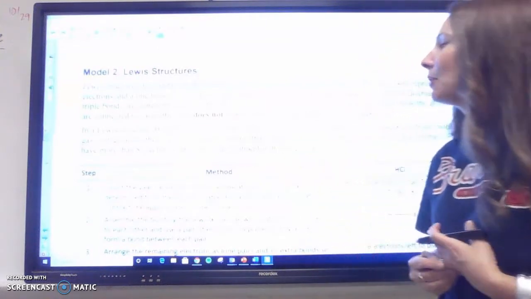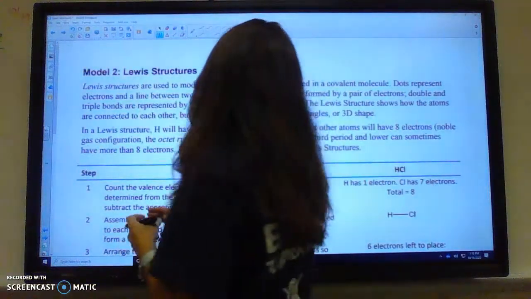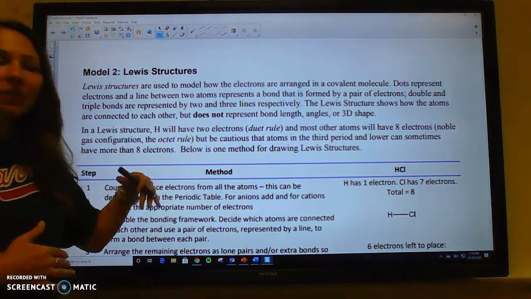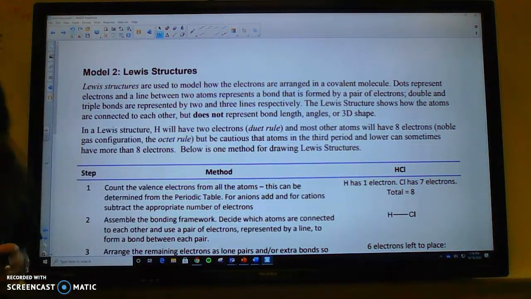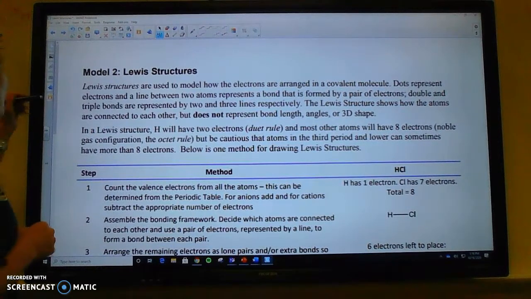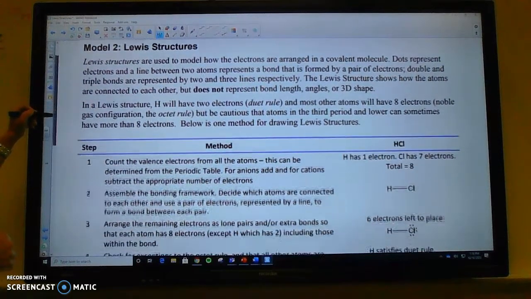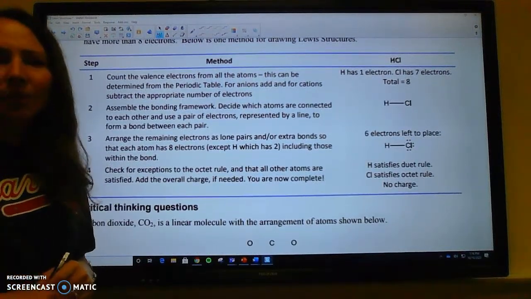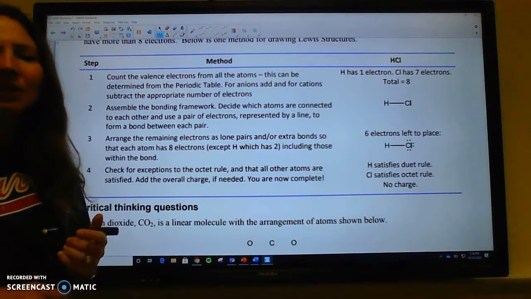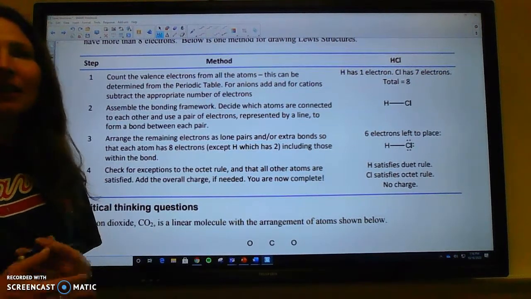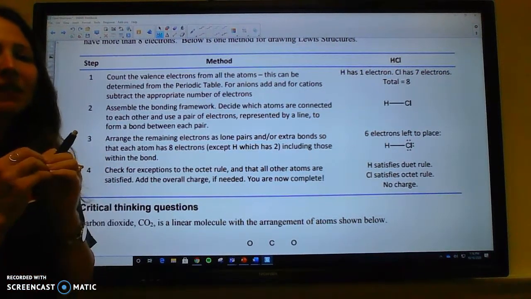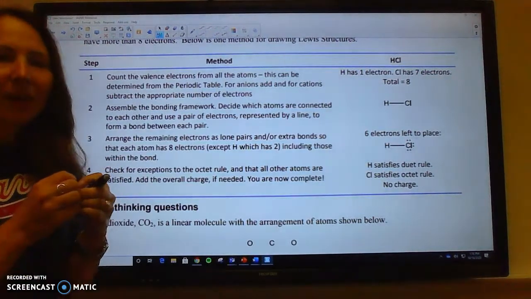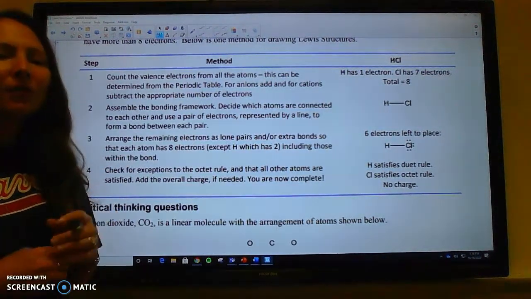Okay, so for the Lewis structures, there's this sheet that I gave y'all to do, and it might look kind of confusing, but hopefully not. I want to point out a couple of things. If you were to try to watch this on YouTube from some other professor or teacher, they're going to get you to count up the total number of valence electrons and then try to get a certain amount, and it's really confusing.